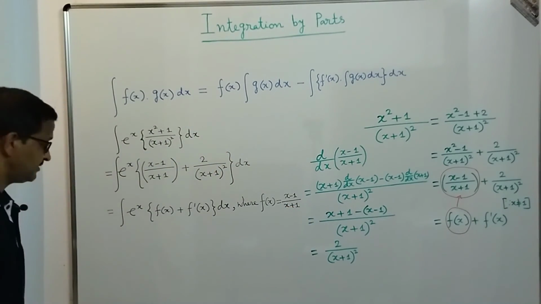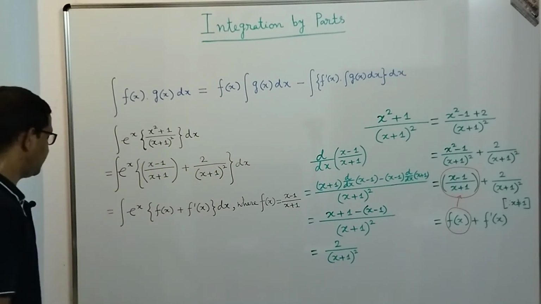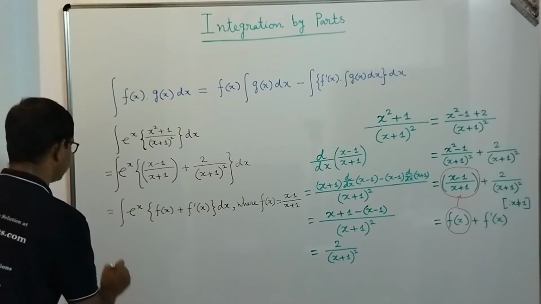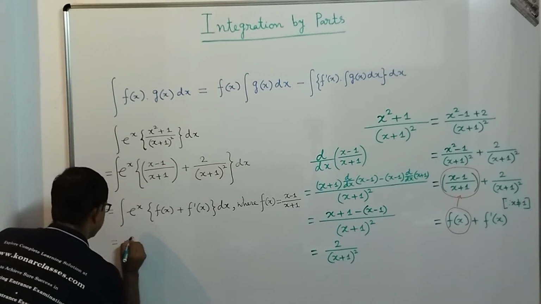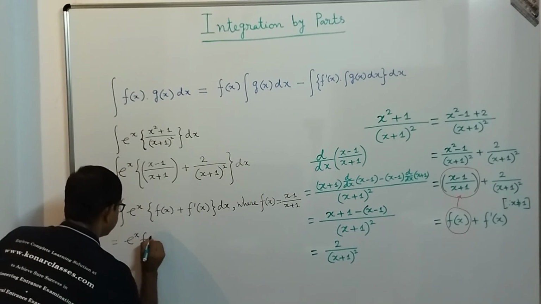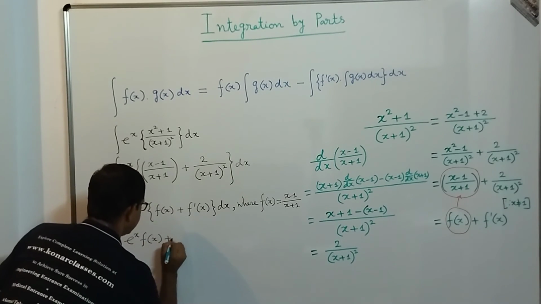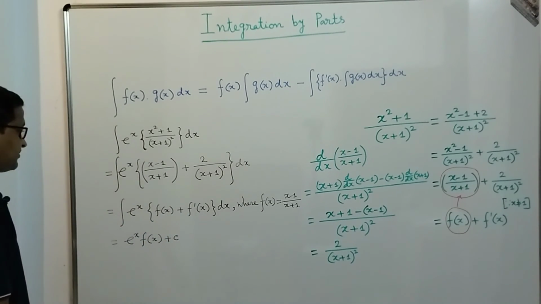Now what we have learned? Integration of this form, e^x into (f(x) + f'(x)), is equal to e^x into f(x) plus c, where c is the integrating constant.